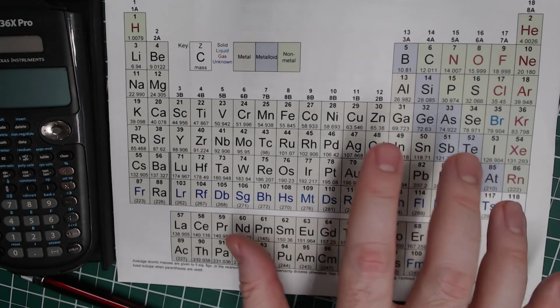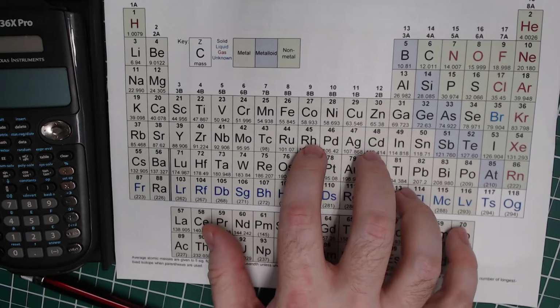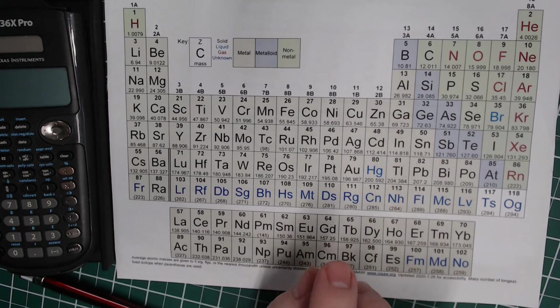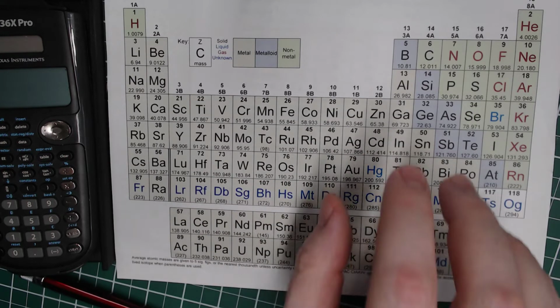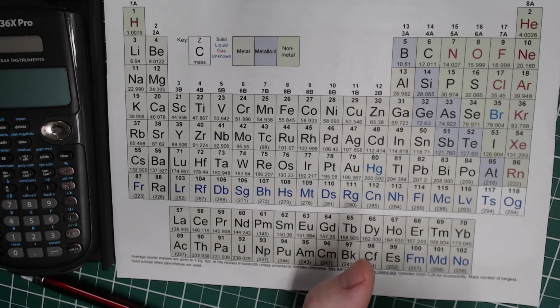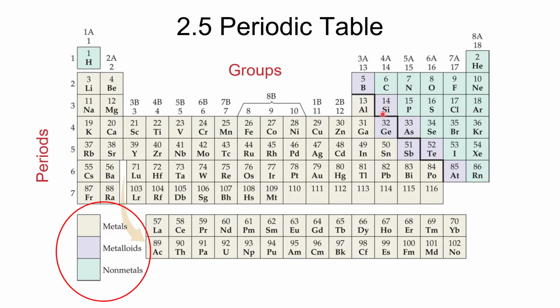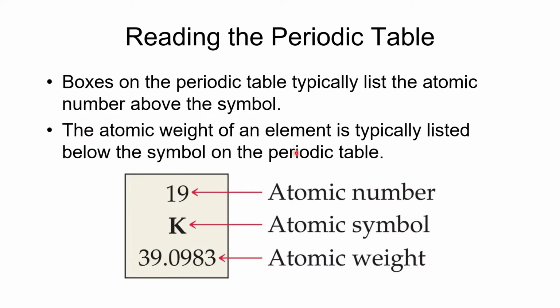The average atomic masses are given on this periodic table, whereas on the one that was on the overhead a minute ago, they were not given. And then, of course, the atomic numbers are given as well. When it comes to reading the periodic table, each box will have the atomic number and the symbol.